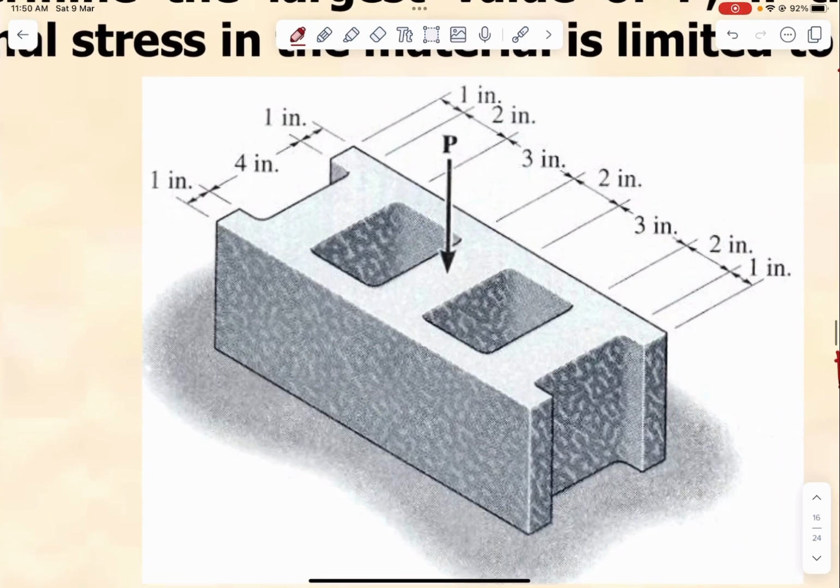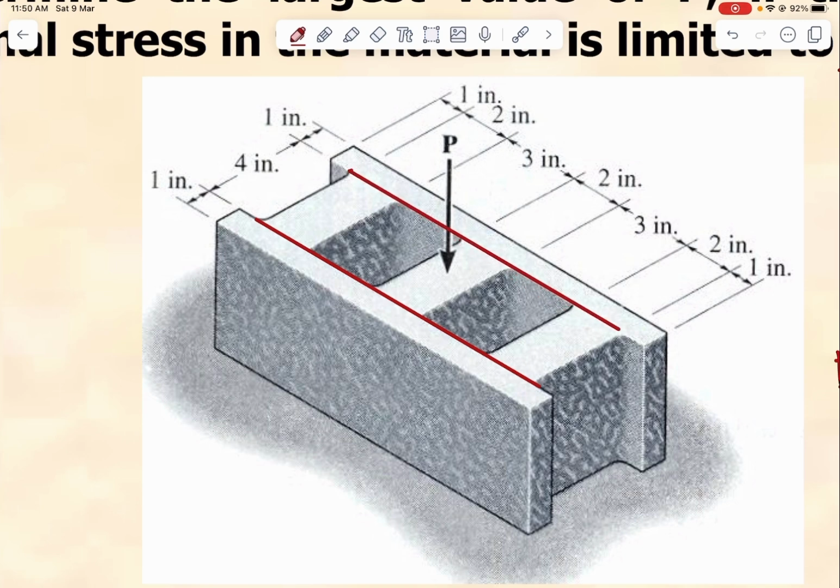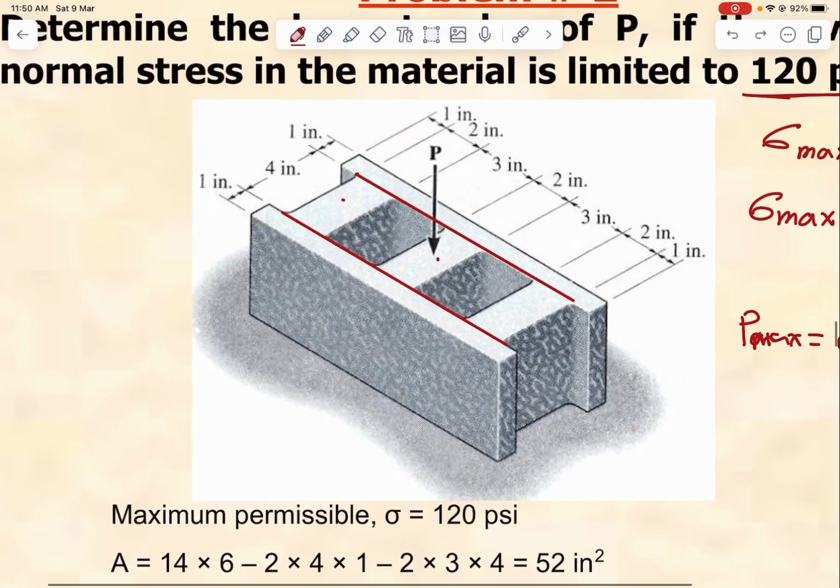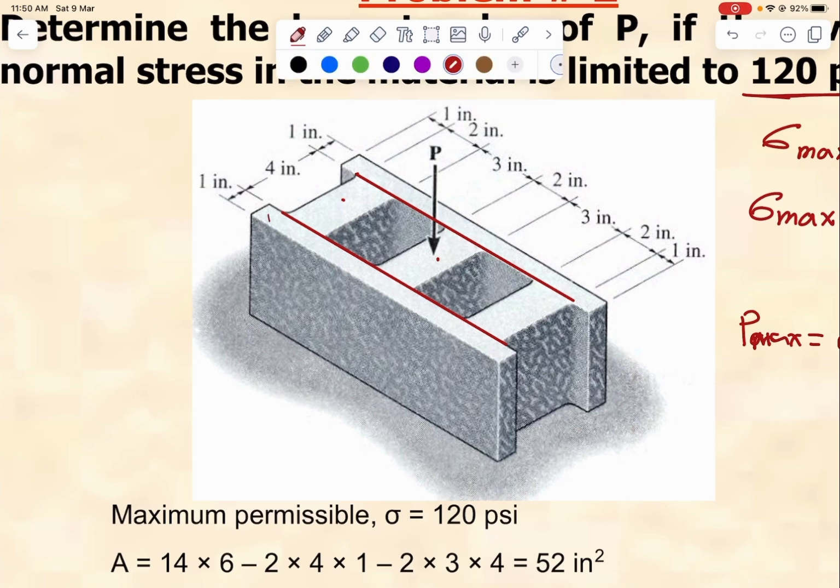This one here can be sectioned into, I can take all of that as one area and all of that as another area, and here we will be left with this. Okay, so I will call this one 1, this one is 2, this one is 3, this one is 4, and this one is 5.